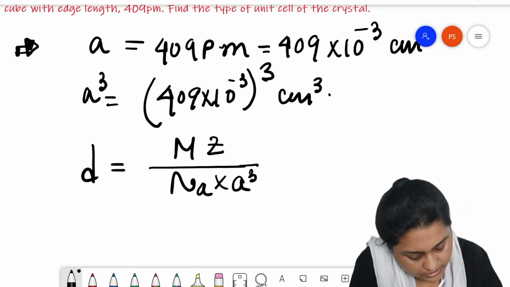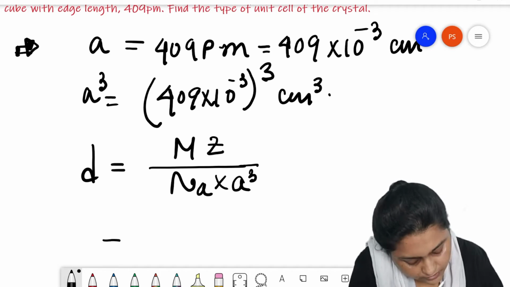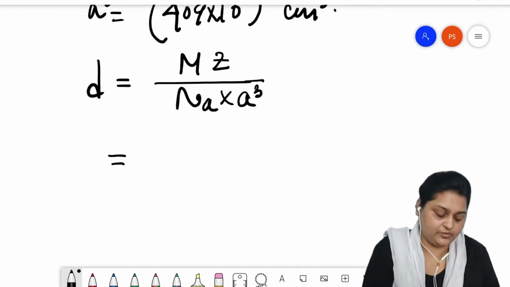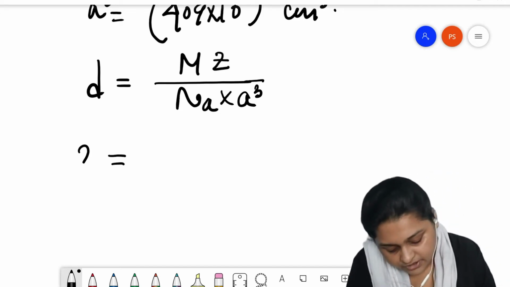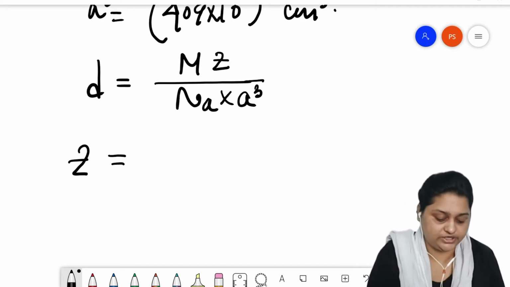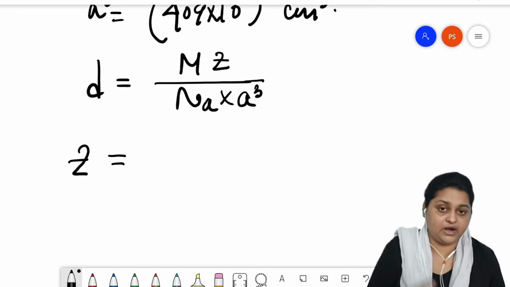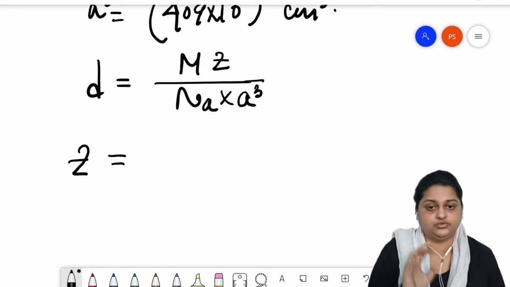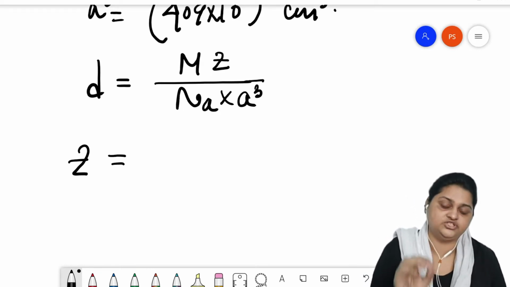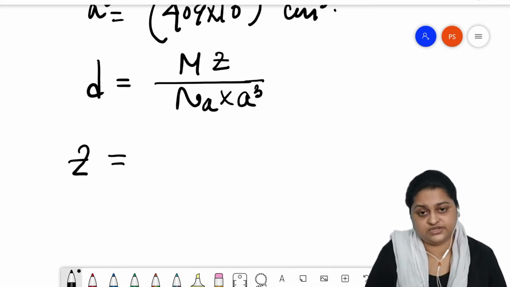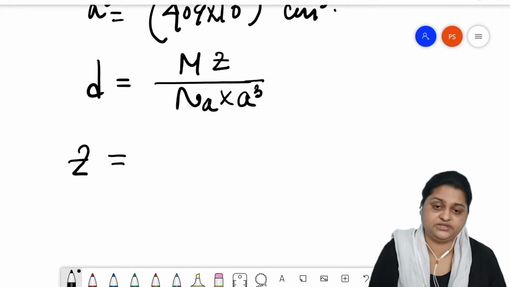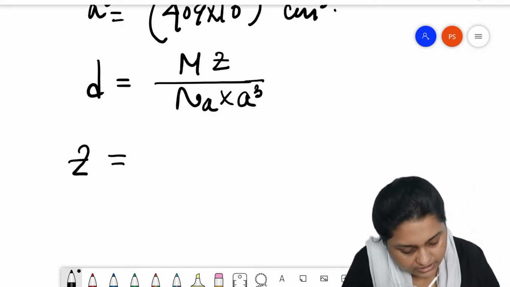The question has given the density and all the values except the z value, that is the number of particles per unit cell. If we find out the number of particles per unit cell, we can identify the unit cell, because we know how many particles per unit cell there are for simple cubic, FCC and BCC. Now let's put the values.